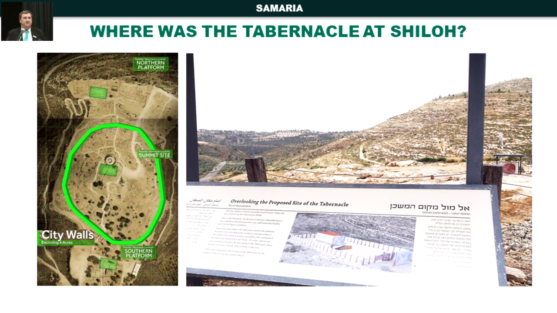So, where was the tabernacle itself located? Well, the dominant view, popularised by early explorer Charles Wilson, is that it was on the flat area to the north of the city, shown in the photo I took here on the right. Others have suggested somewhere near the top of the tell, and also south of the city walls.